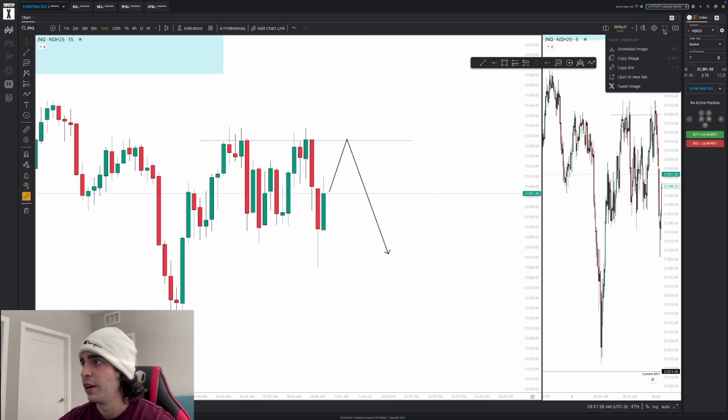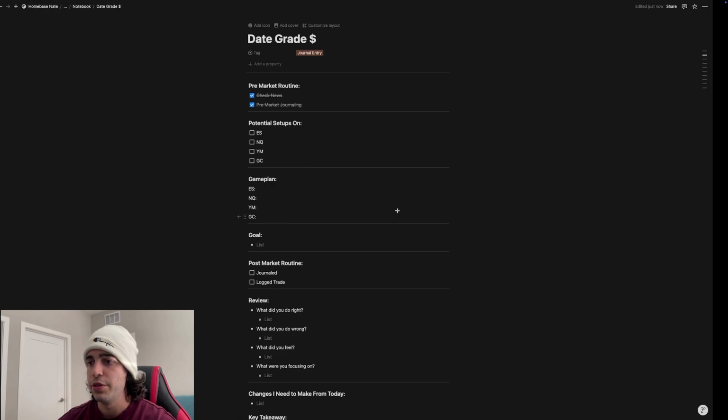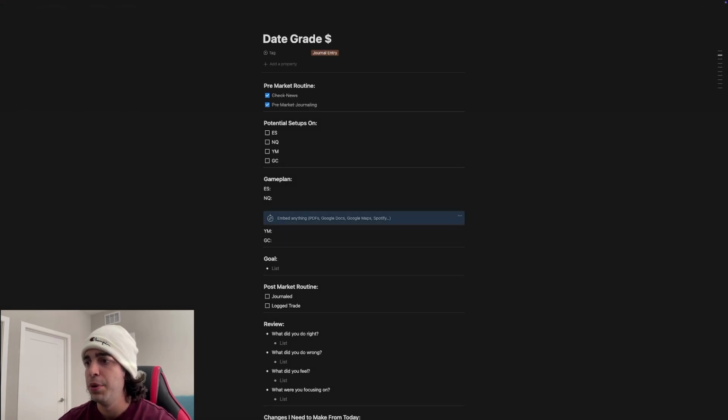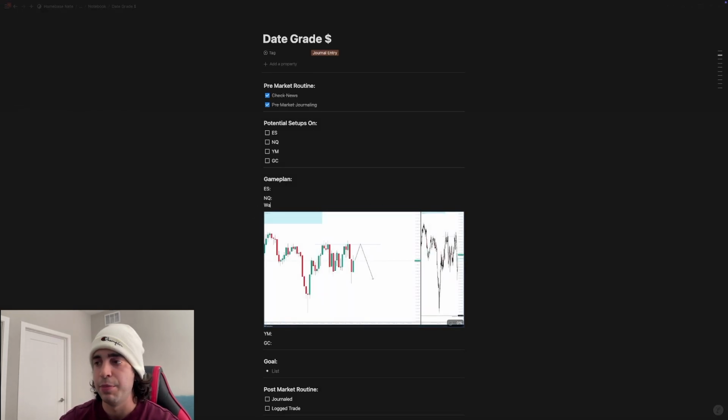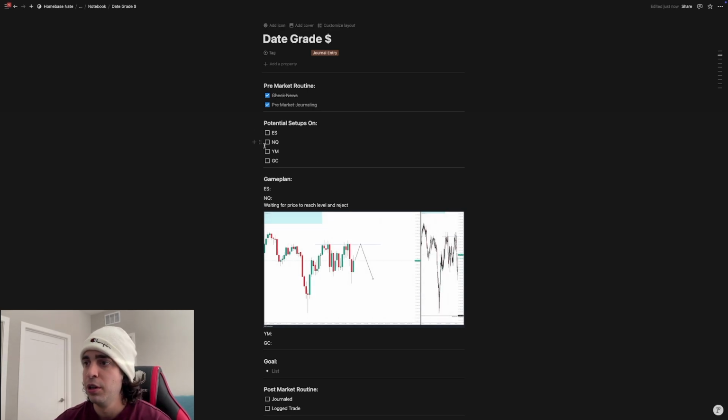I would then either download or copy the image, take a screenshot of it. So then I would go over to Notion, post my screenshot, and then type up my game plan. So I'll say something like waiting for price to reach level and reject. Cool, super simple. Then click potential setup on NQ.